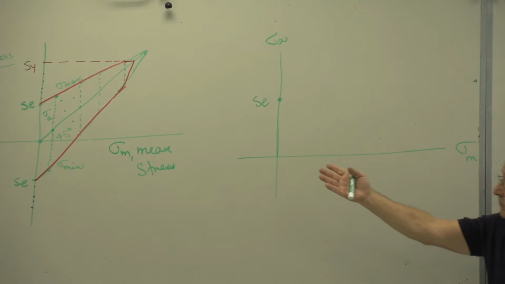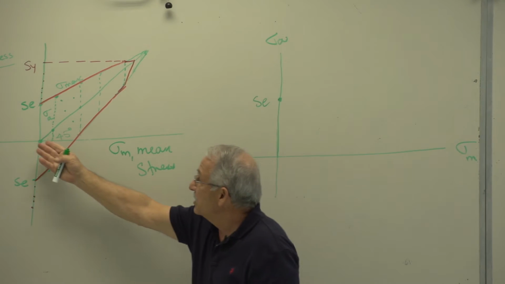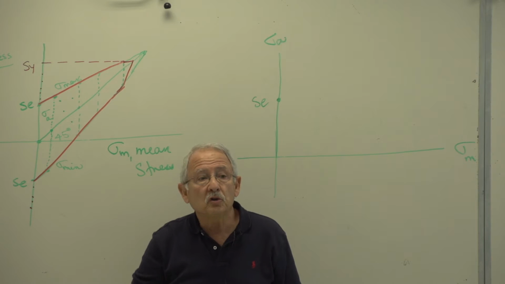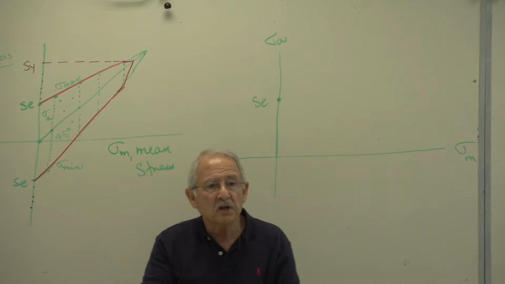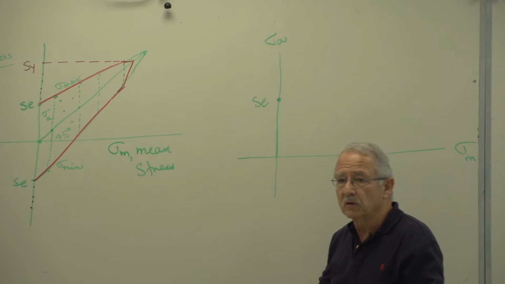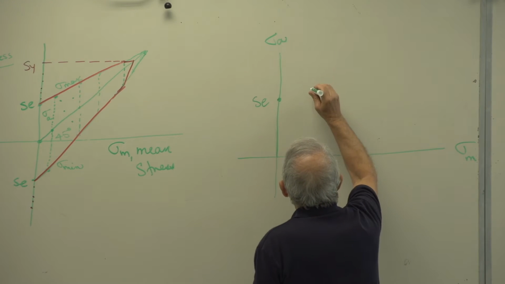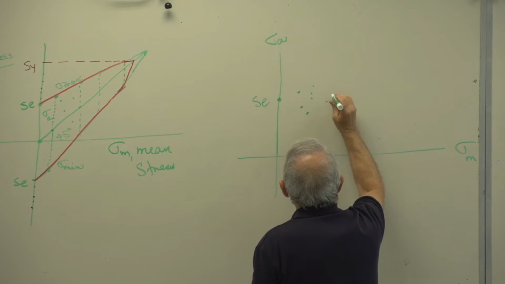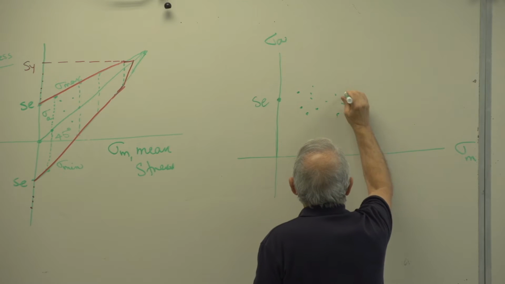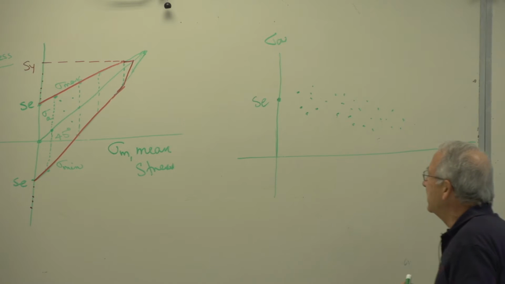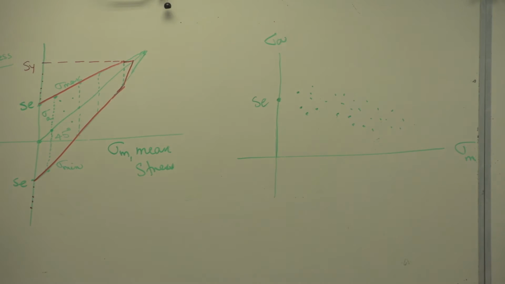And then we said, as we increase the mean stress, this alternating value decreases. We run tests, a large number of tests. We see that that's true. Test points that actually show failure look like this. And they are as badly scattered as I'm showing them. This is not very clean.